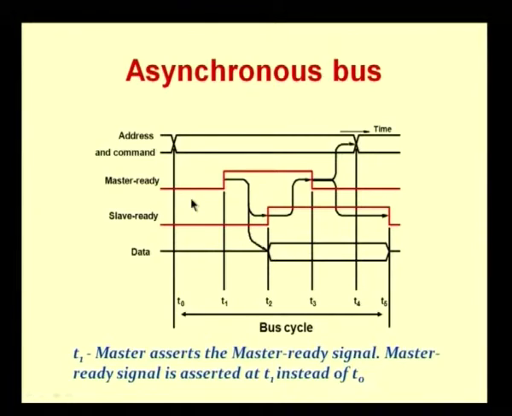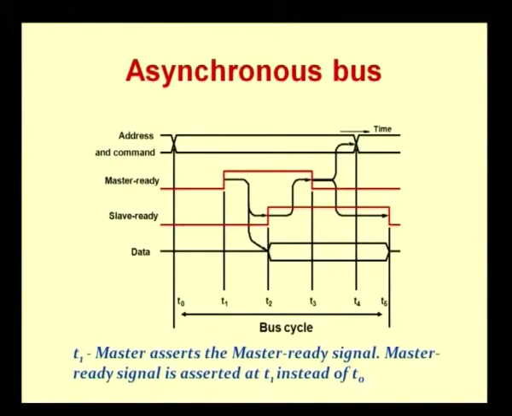You can see that the master ready signal is asserted at T1, not at T0. This is because once the address and command are placed, it takes some time for that to stabilize. Once it stabilizes, then the master asserts the master ready signal. Now, this master ready signal is what all the slaves will be looking for.